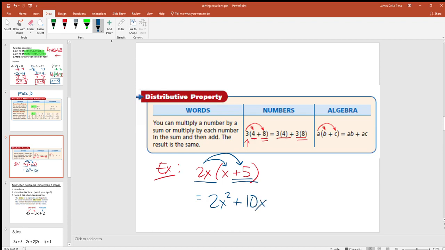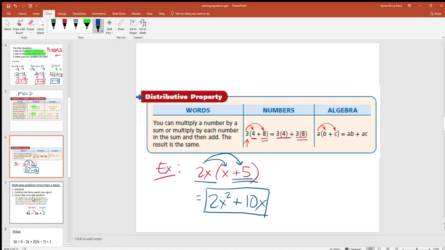And then our x is just going to fall into place right here. So that's what's called the distributive property. If you see parentheses in a problem, you're going to have to first distribute. In other words, take that first value and then multiply it across twice. We'll see a couple more examples of that in these problems.